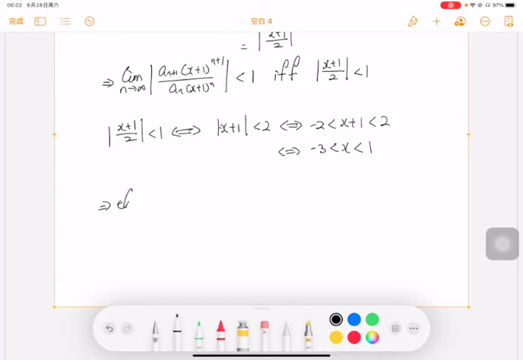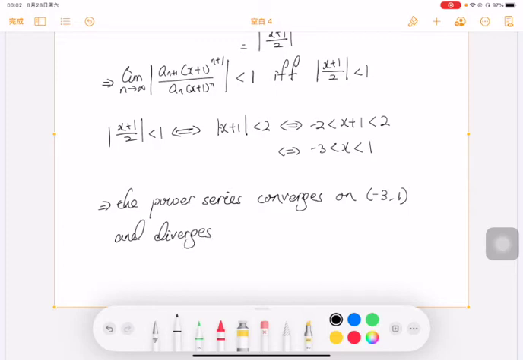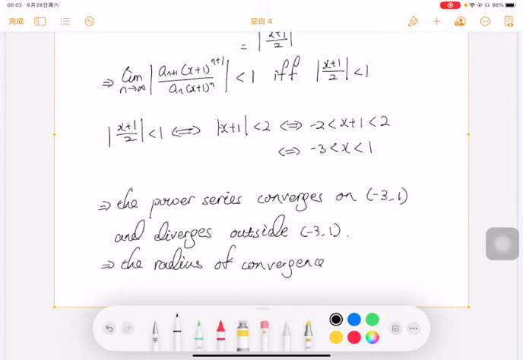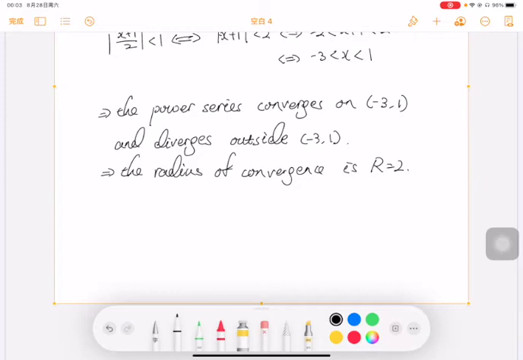Therefore, the power series converges on this interval, minus 3 to 1, and diverges outside this interval, and the radius of convergence is equal to 2.